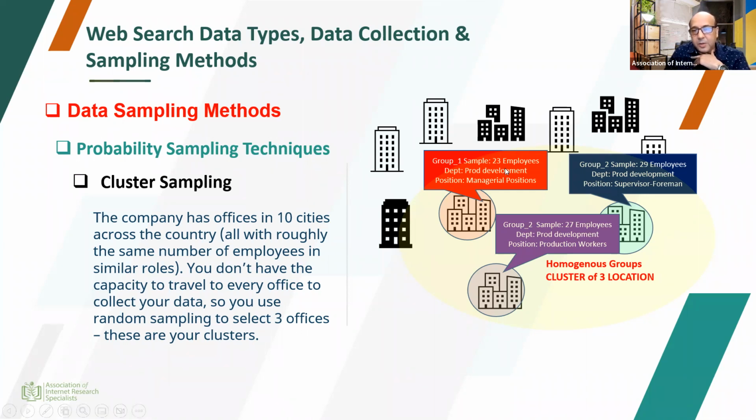So let's suppose in one location you have 23 employees from the production department at managerial positions. In group 2 you've got 27 employees from the production department, but they are production workers, not managerial positions. And in the third location you've got supervisors. So you do these under a cluster.